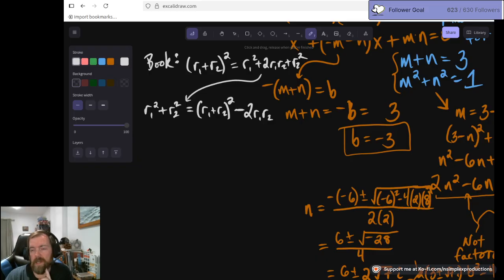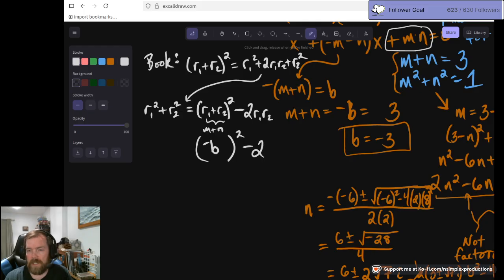And they said that r1 plus r2 was our m plus n, which is equal to negative b. But then all of that is still squared. Minus twice, we did this up here, we got that m times n is equal to c. So r1 times r2, m times n.